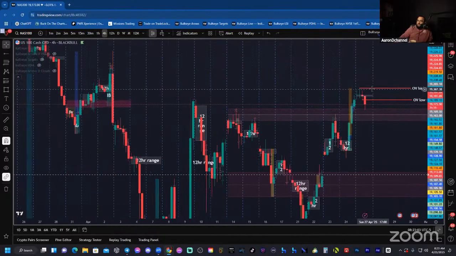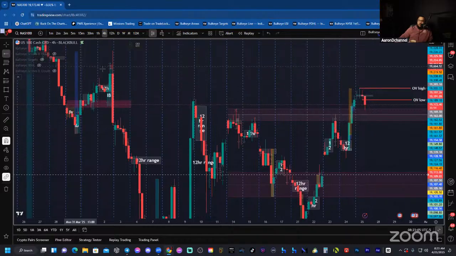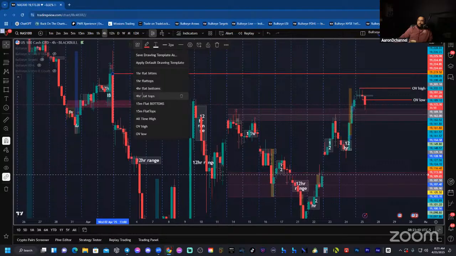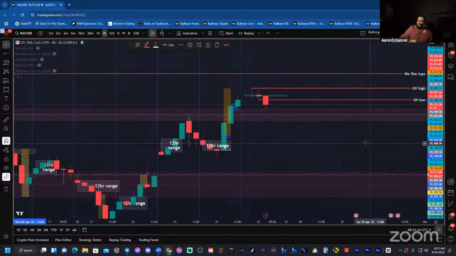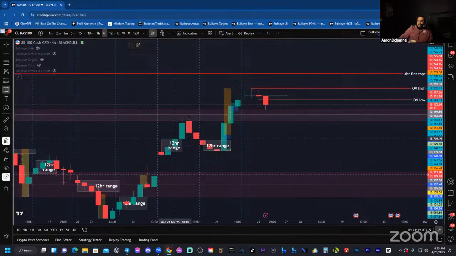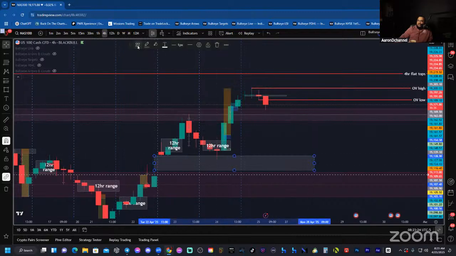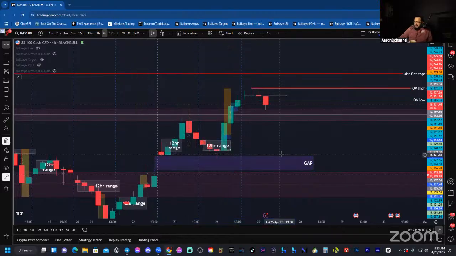If we make it above this overnight high, what am I interested in? 4-hour flat tops. Still have yet to see those get cleared. And yesterday, Wednesday open, right? We still got that gap down here. So we have to fill that gap at some point. Could be today. All I know is I don't know. All right, we'll save that for later.